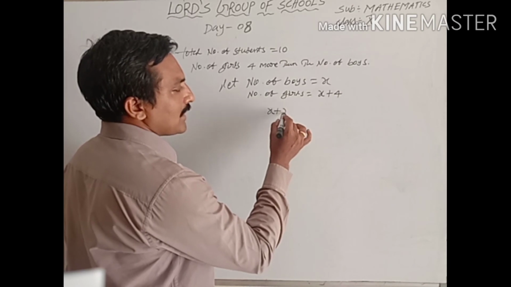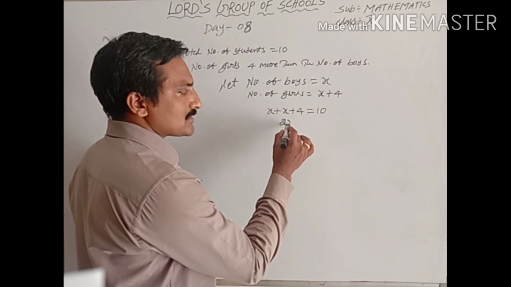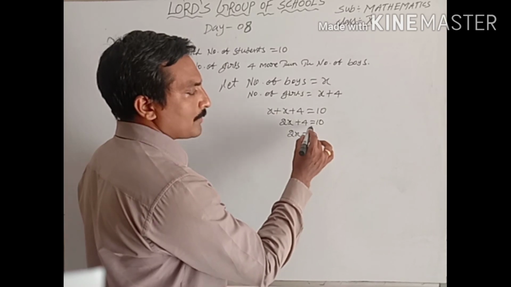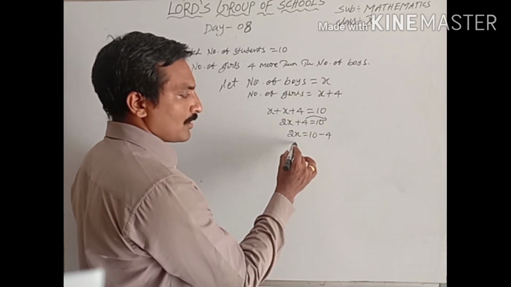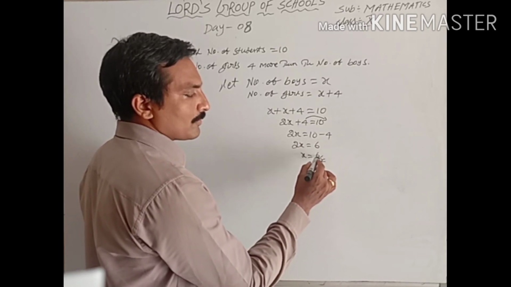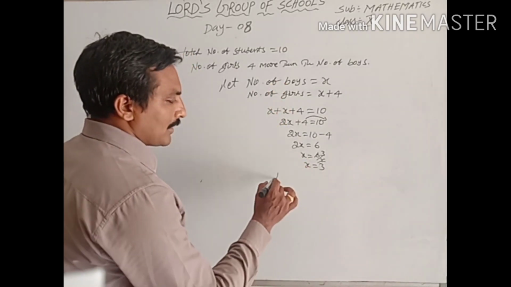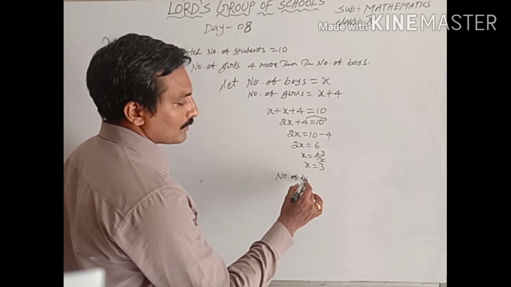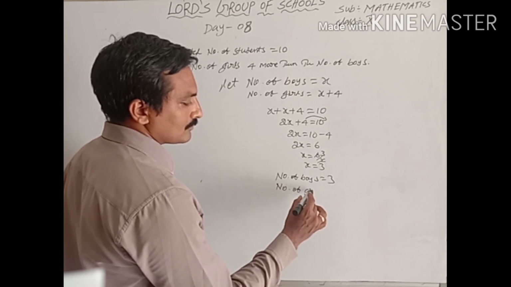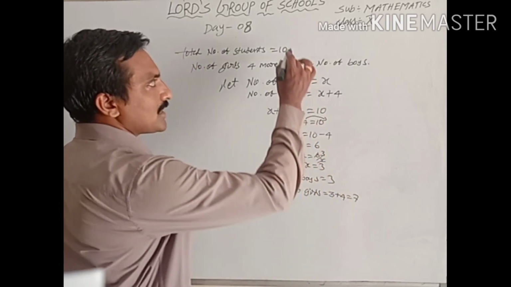So x plus x plus 4 is equal to 10. 2x plus 4 is equal to 10. 2x is equal to 10 minus 4, transposing the 4. 2x is equal to 6. x is equal to 6 by 2, which is 3. x represents the number of boys, 3. The number of girls is 3 plus 4, which is 7. 7 plus 3 is 10 total.